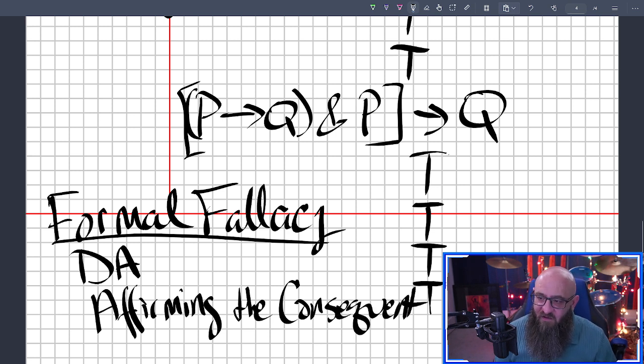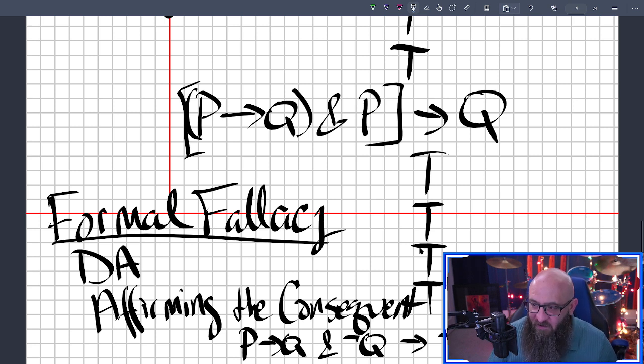Affirming the consequent, and this is where you have the form: if P, then Q, and not Q, therefore not P. It looks very similar to denying the antecedent. Anyway, there's several formal fallacies. Don't worry about it. But the fact is that in these cases, the conclusion does not follow from the premises. It looks like it does. It sounds like it does. You have to run a proof that demonstrates, in fact, that it doesn't. And then you can find natural language examples that demonstrate that the conclusion doesn't necessarily follow.